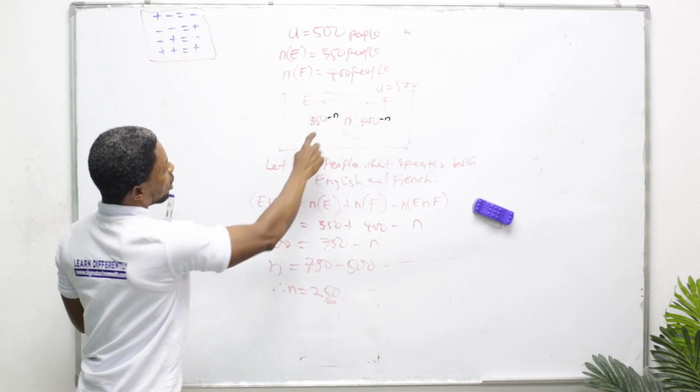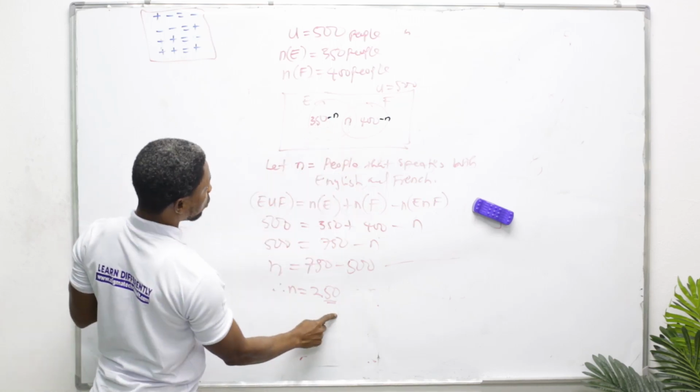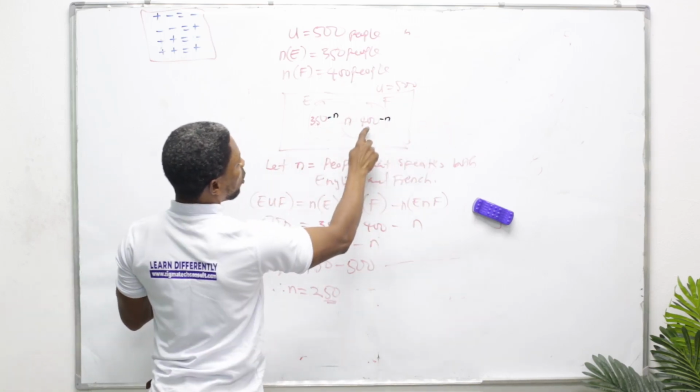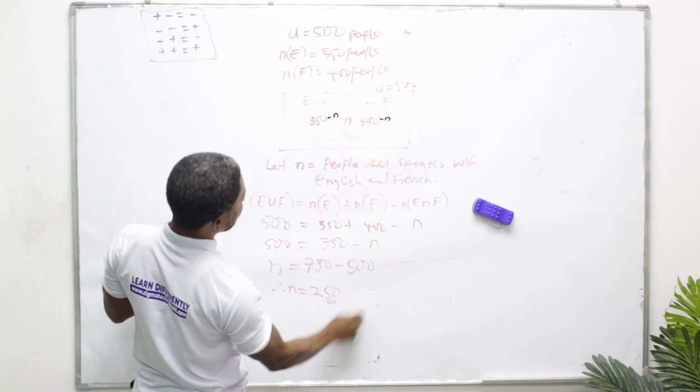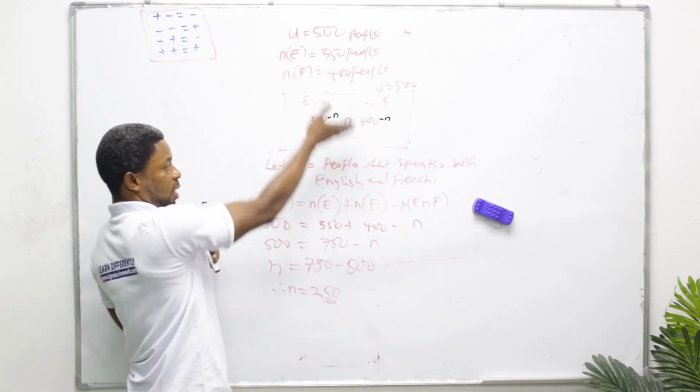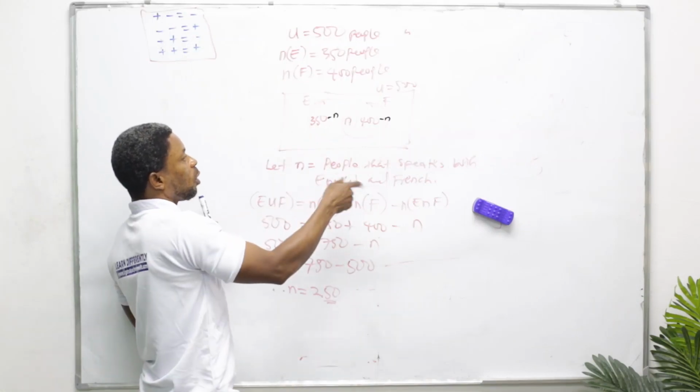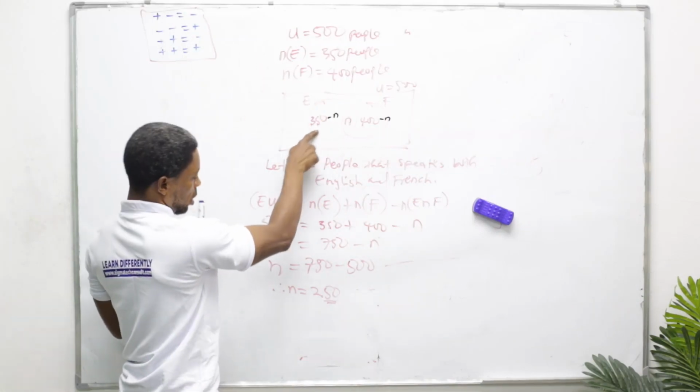So for only English, it will be 350 minus 250. For only French, it will be 400 minus 250. They will not give you this exact question again. They will go to people that speak only. So take this key.